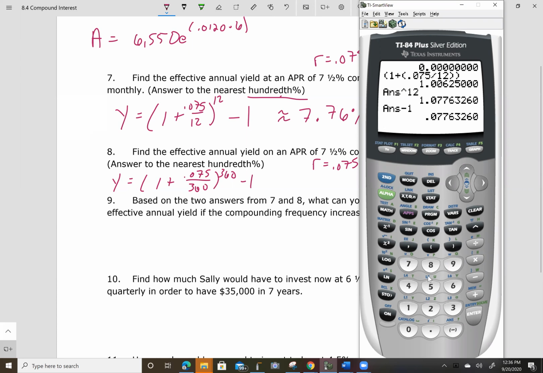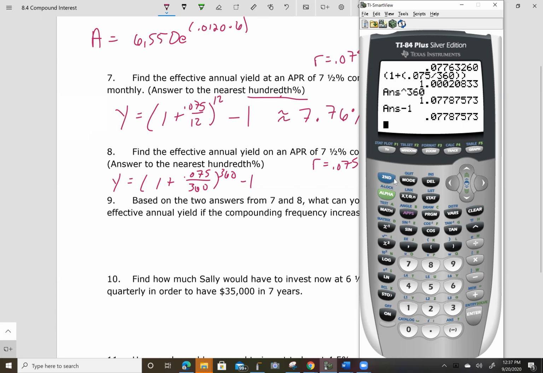All right, so parenthesis 1 plus parenthesis 0.075 divided by 360, parenthesis, enter, to the power of 360 minus 1.